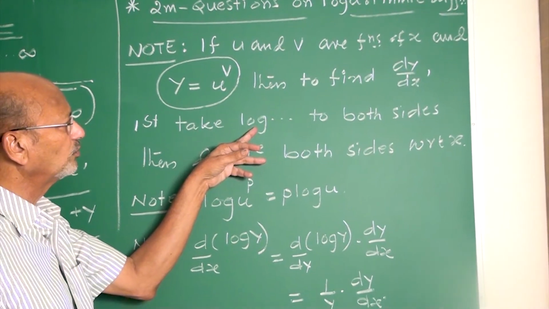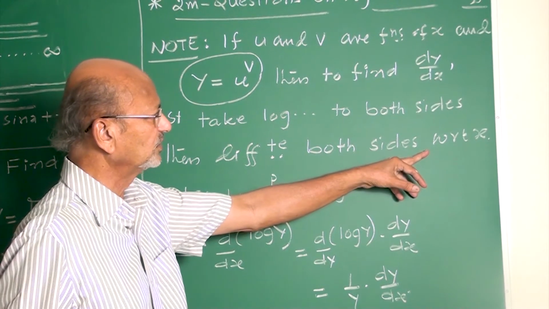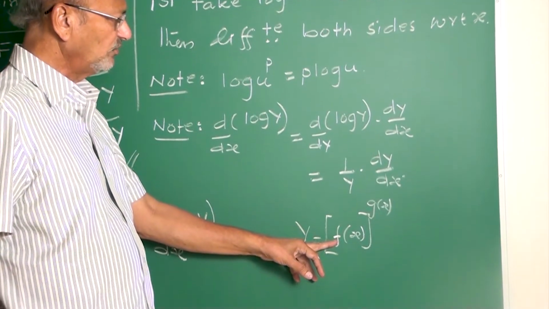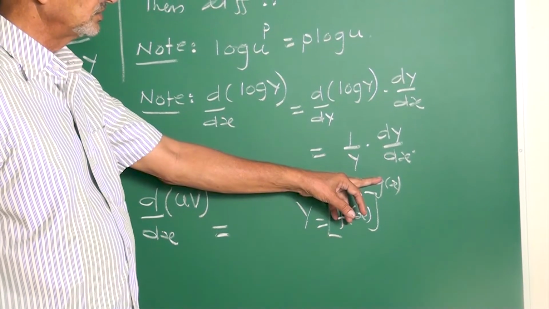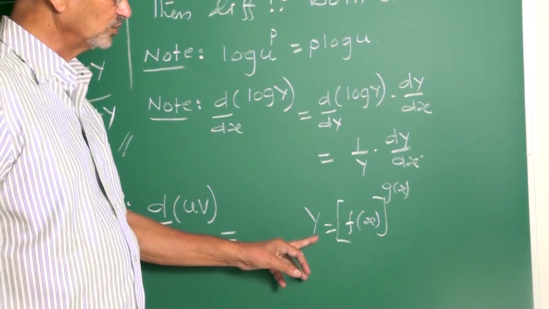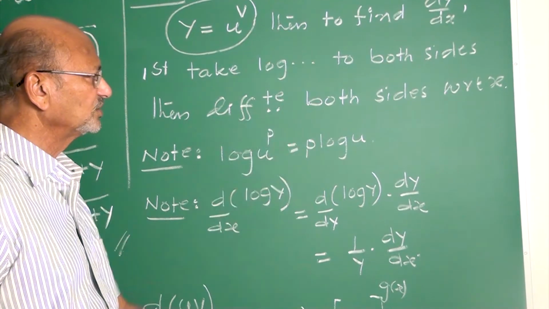First take log to both sides, then differentiate both sides with respect to x. So when you have y equal to one function to the power another function, in such cases, before differentiating, first take log to both sides, then differentiate both sides with respect to x.